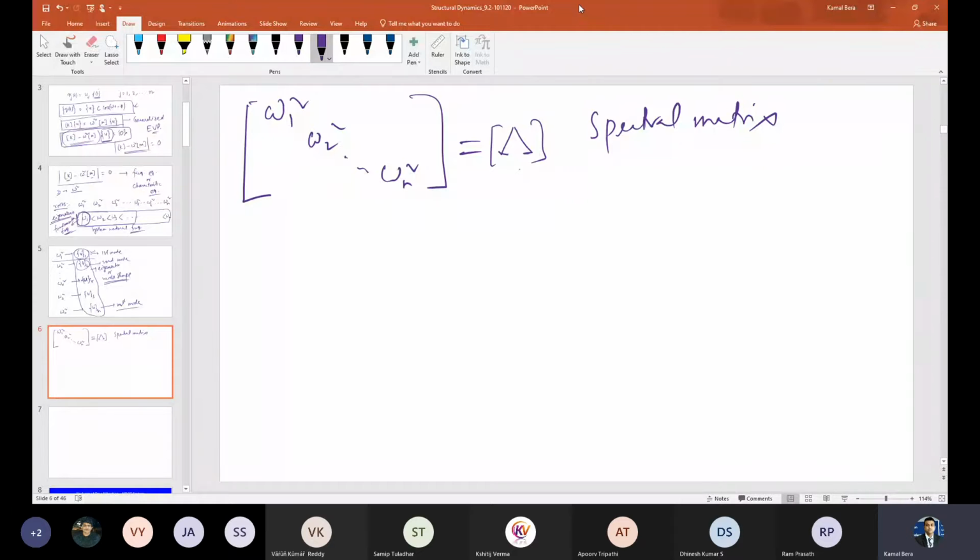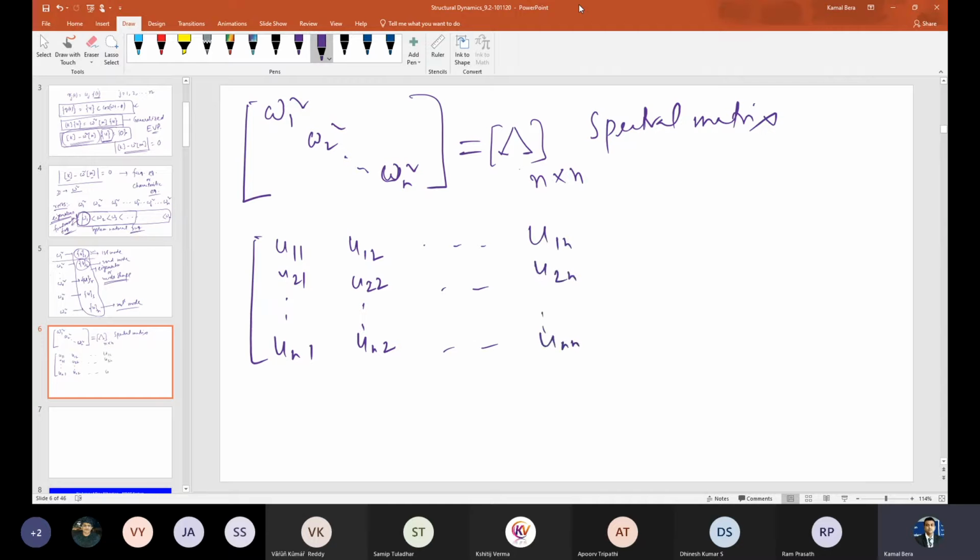What is the size of this spectral matrix? N cross N. Then I can write u11, u21, un1, u12, u22, un2, u1n, u2n, unn.